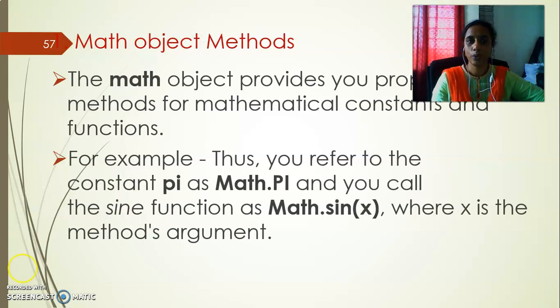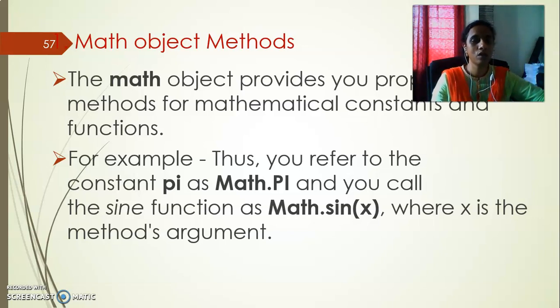Now here you can see that the first object is the math object. There is a predefined property, or constant value I should say, that is pi. Since it's a universally constant value, wherever you want in your formula or in your scientific applications, you can use it directly as math.pi.